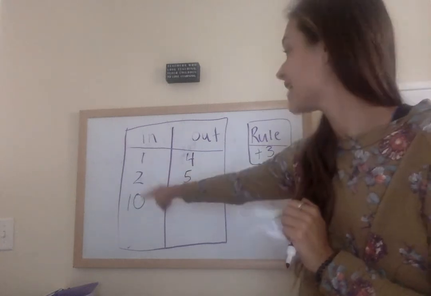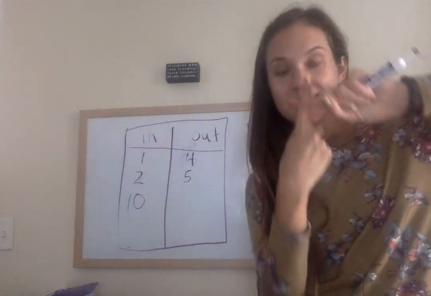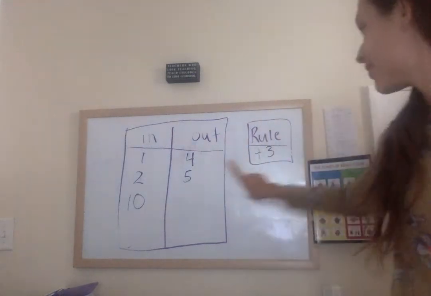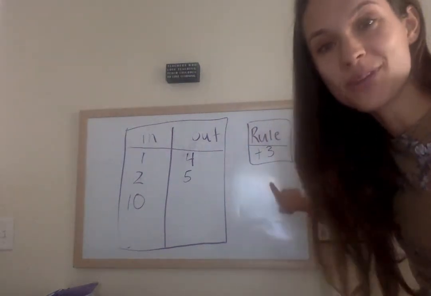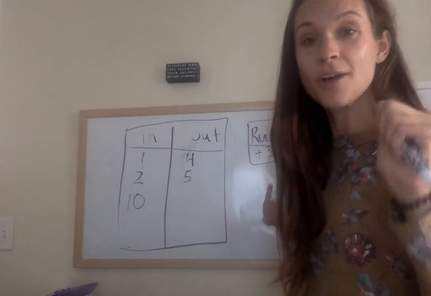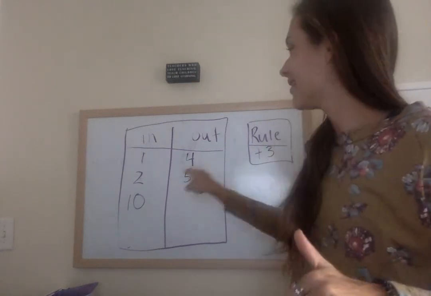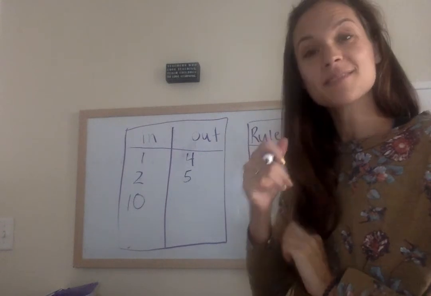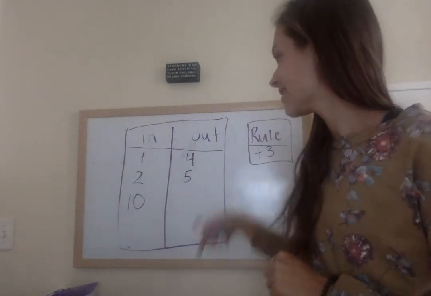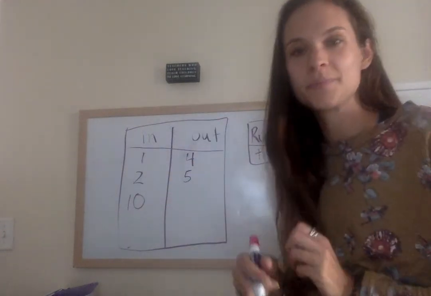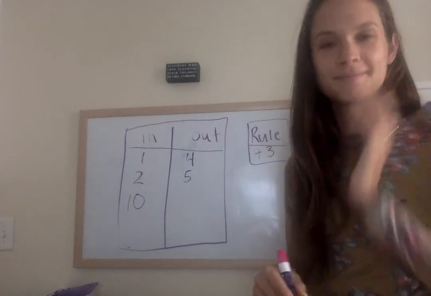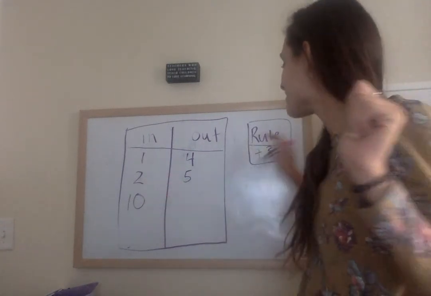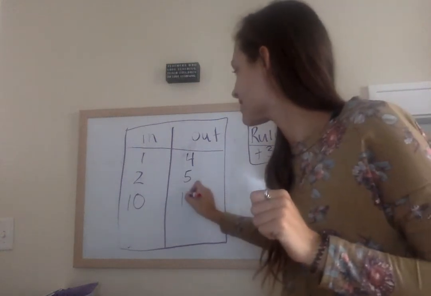We would have to do 10 plus 3. Solve 10 plus 3. Pause the video if you have to. That's totally fine. Pause the video, do 10 plus 3, and then come back for the answer. Alrighty, I hope you paused the video. 10 plus 3 equals 13.